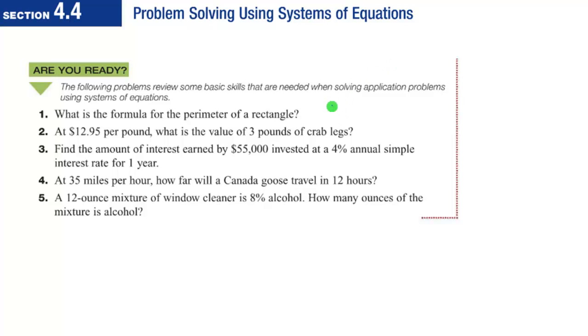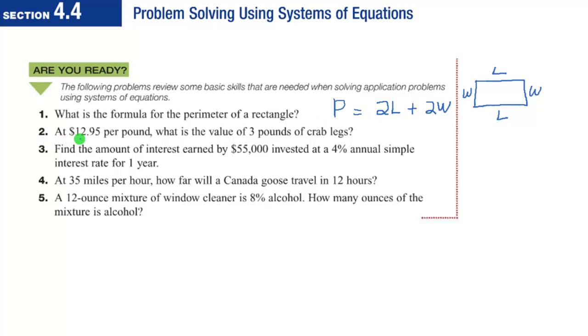So if you said perimeter equals 2 lengths plus 2 widths, you're absolutely right. That would be a rectangle, and these are the 2 lengths, and here are your 2 widths, and perimeter is when you add all 4 sides around a rectangle. Okay, so that's number 1.